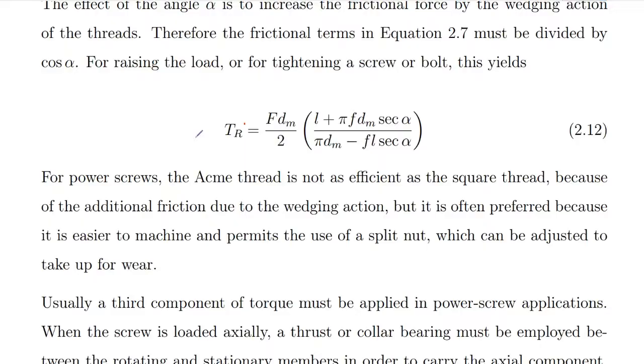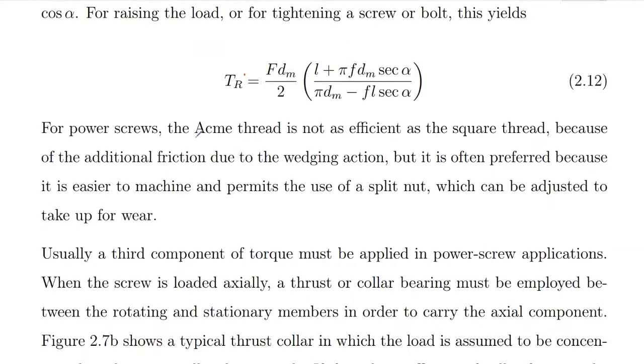All right, and also it is often preferred because it is easier to machine and permits the use of split nut, which can be adjusted to take up for wear.